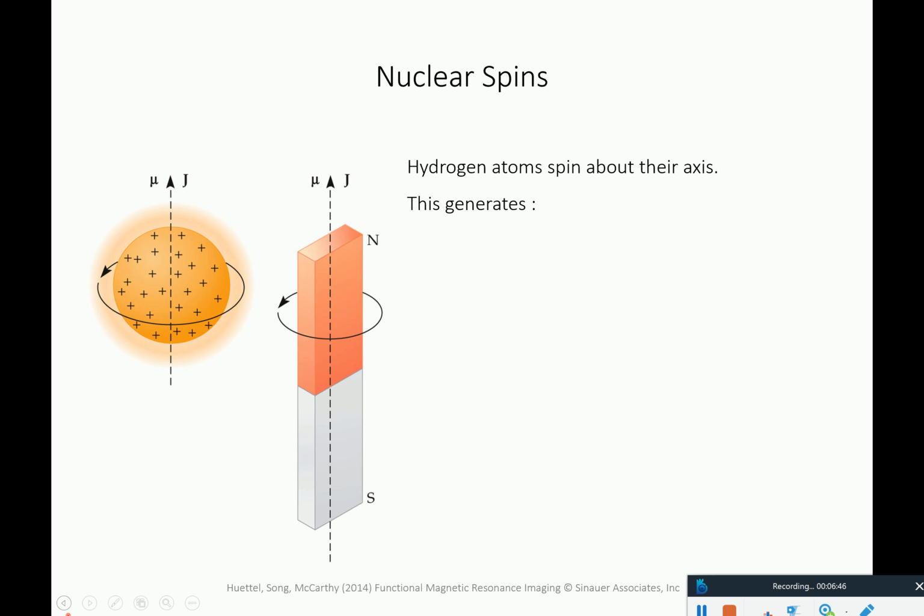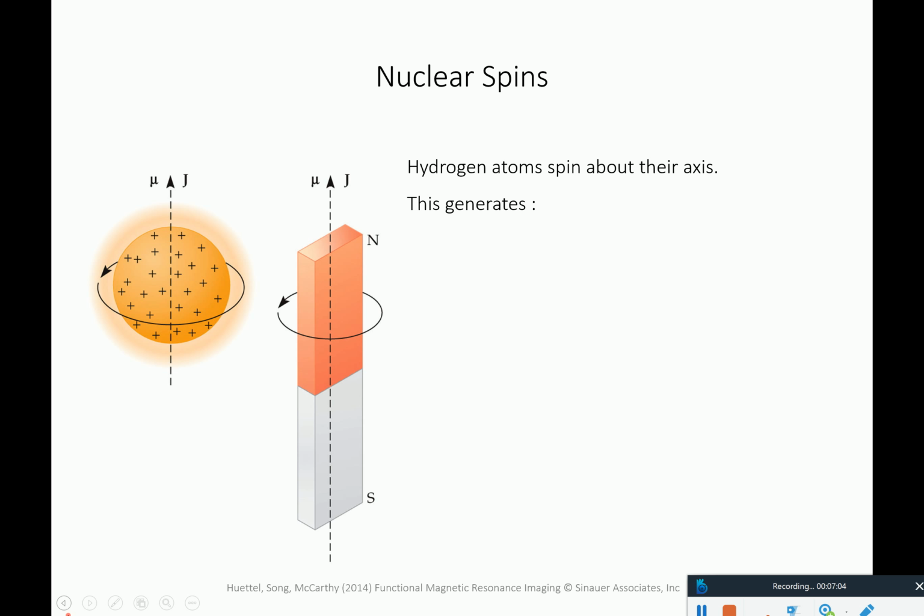The hydrogen atom, if you look at its nucleus, is of course a single proton, and these single protons, which are abundant in biological tissue, are actually used for MRI.